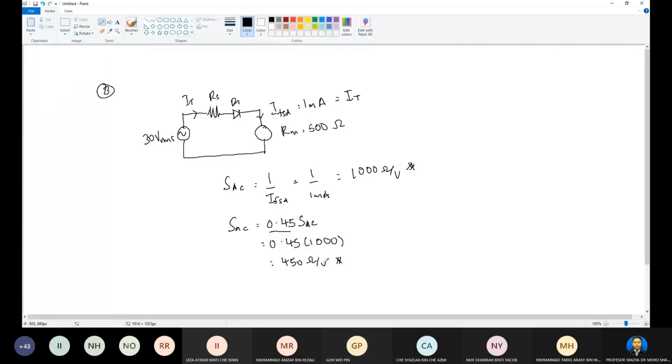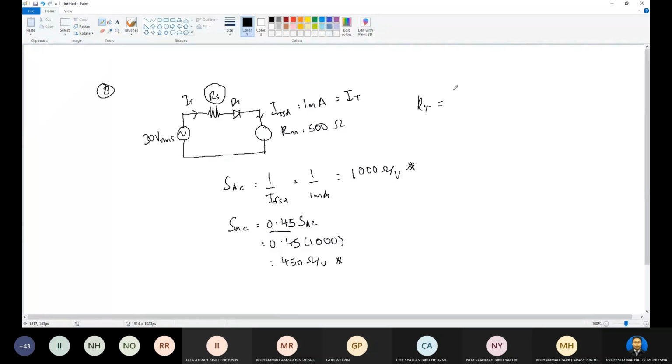Then the last one we have to calculate is RS. For RS, you can use the formula or you can derive it. For example, if you want to find RT, this is from derivation.